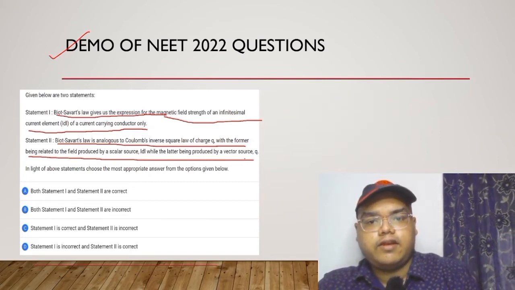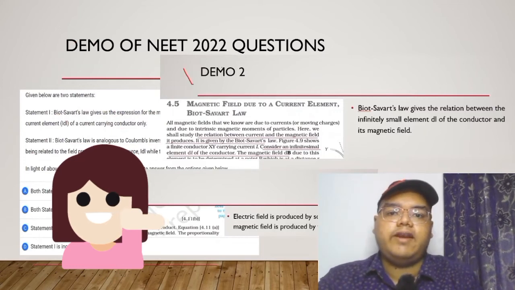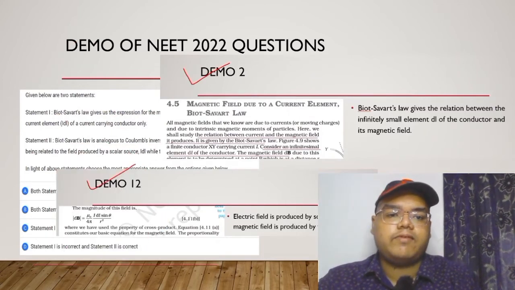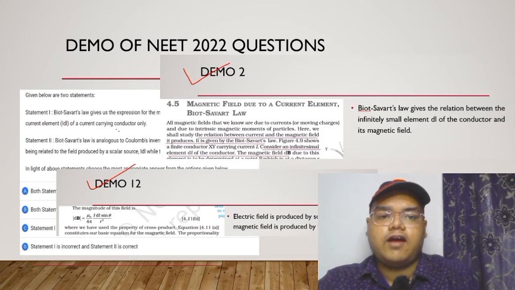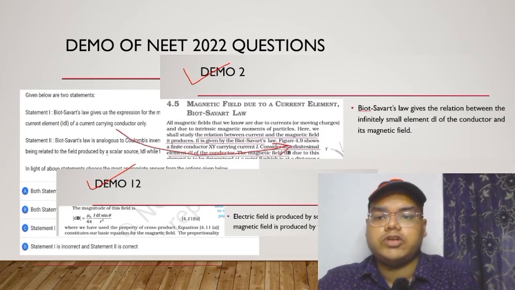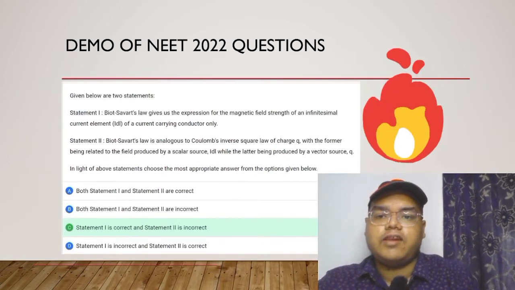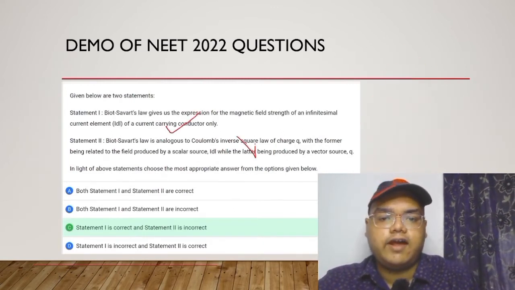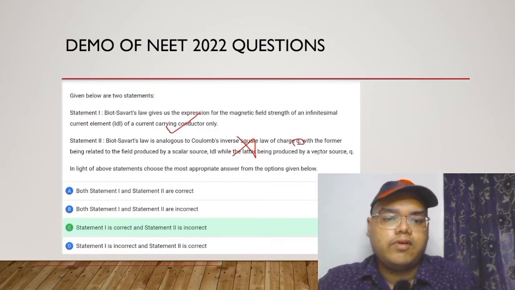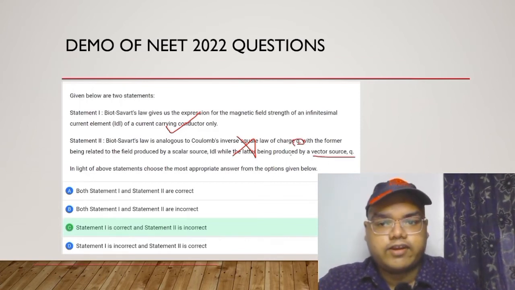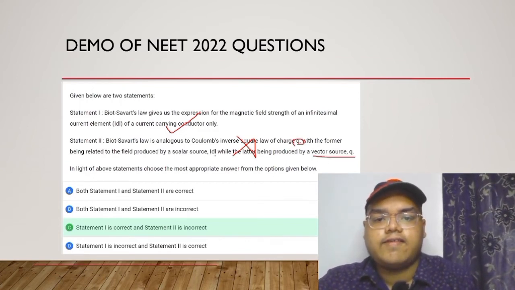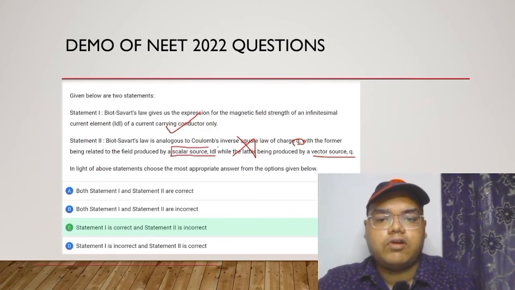And now, boom. See, in my demo 2 and demo 12, I have shown you these lines of NCERT and how the questions are framed. So our answer will be that statement 1 is correct, but statement 2 is incorrect, as charge q is a scalar source, not a vector source, and Idl is a vector source, not a scalar source.